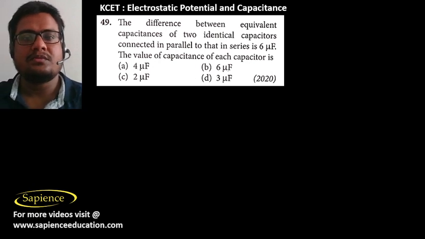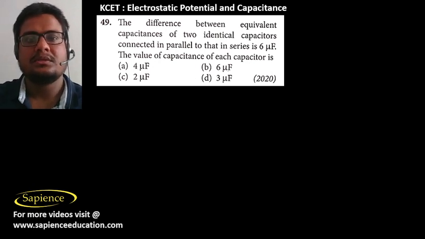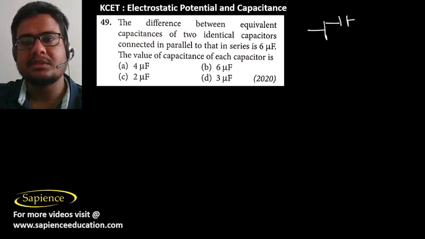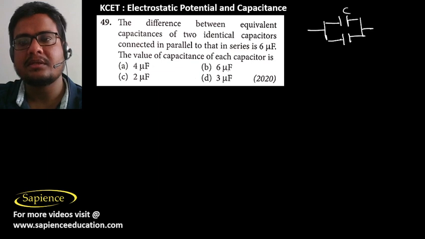Then in question number 49, it is told the difference between equivalent capacitances of two identical capacitors connected in parallel to that in series. So two identical capacitors are there, C and C. They are connected in parallel also, and they are connected in series also.